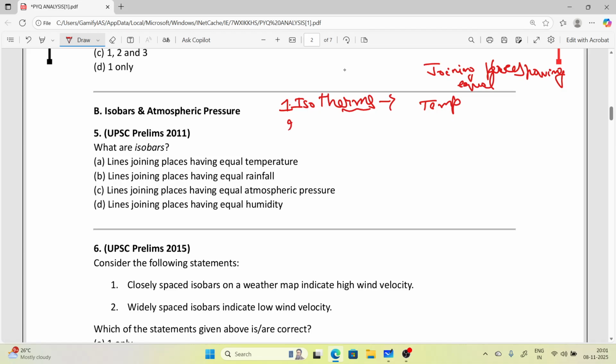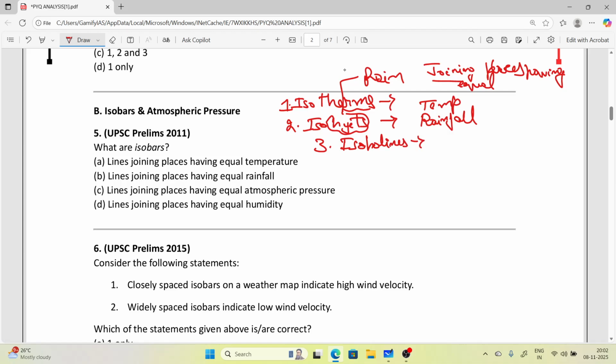Now what are isohyets? Hyet means rain, so these are lines joining places having equal rainfall. Next, isohalines: haline means salt. These are lines joining places having equal salinity in the oceans.